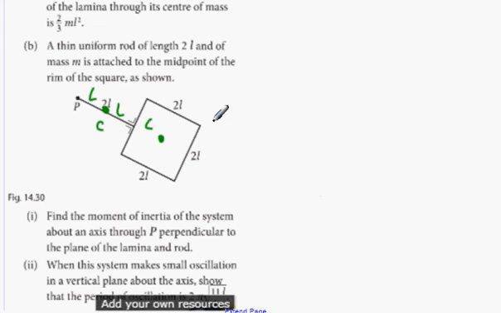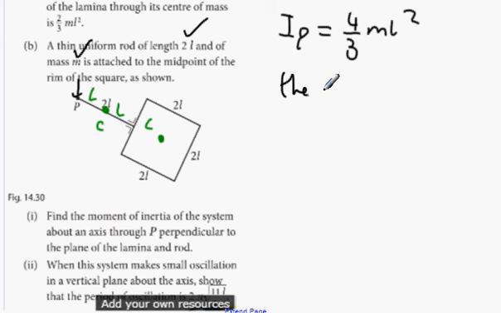So with this in mind, we're going to find the rotational inertia about the axis P. Remember, P is going directly into the board. IP for the rod is 4/3 ML squared. Is it of mass M? Yes. Is it of length 2L? Yes. No adjustment required.